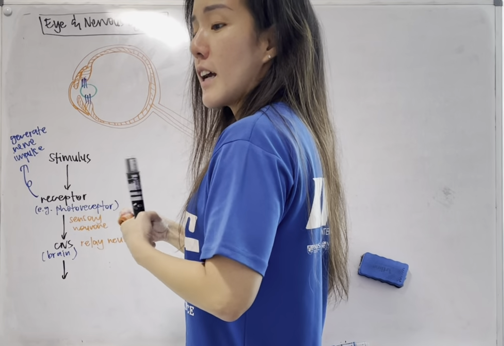Highest concentration are cones. We have another type of photoreceptors, not in your syllabus, but at least know that the fovea has the highest concentration of cones. So any image that is projected onto your fovea is always the sharpest and the clearest. Clear?